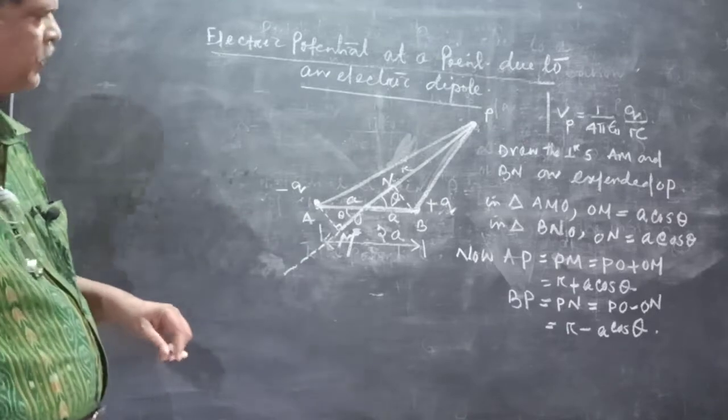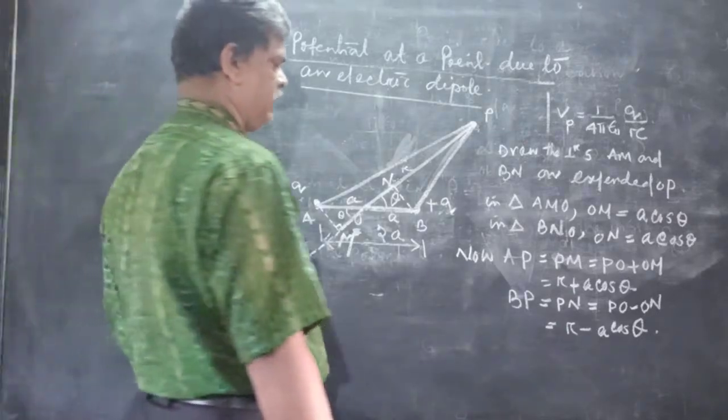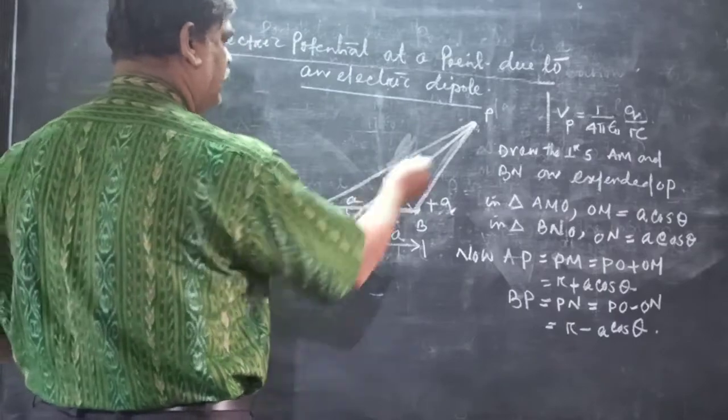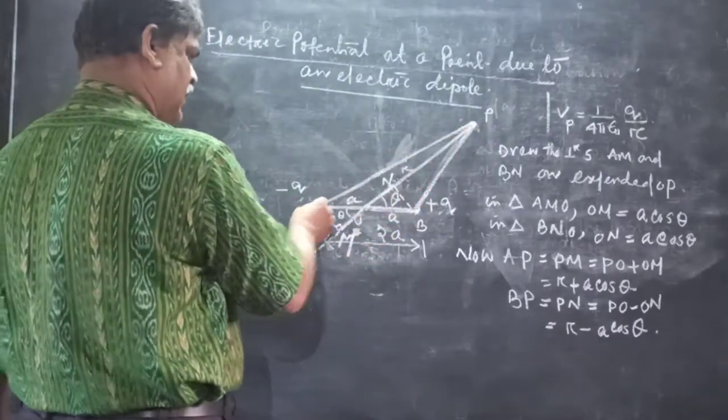So how can you find out the potential at point P? Clear? We have got AP and then BP.